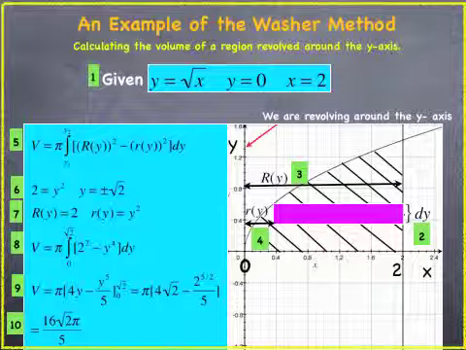The inner radius, or the small r of y, is y squared. Now we really have all we need. In item 8, we have our limits from 0 to square root of 2. We have the outer radius squared, so that's 2 squared, minus the inner, which is y squared squared, which is y to the 4th, and then we have dy. In item 9, we actually calculate our integral, and in item 10, we get our answer. That represents our volume.